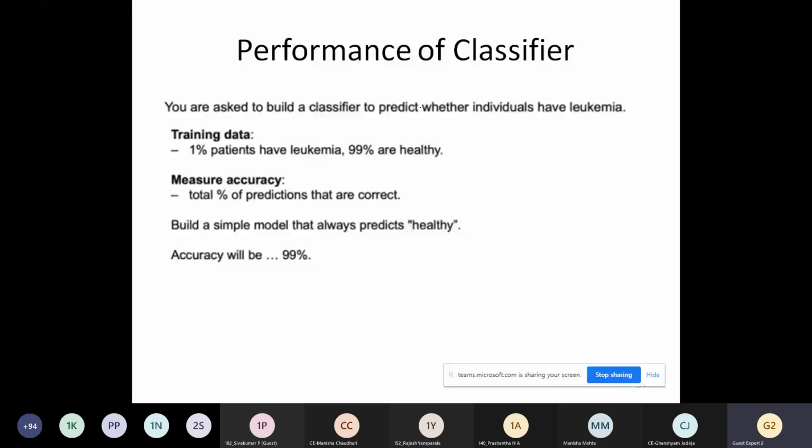Let's say in my data set, I have 100 data points, and out of 100 data points, suppose 90 data points are classified as 1 and 10 data points are classified as 0.